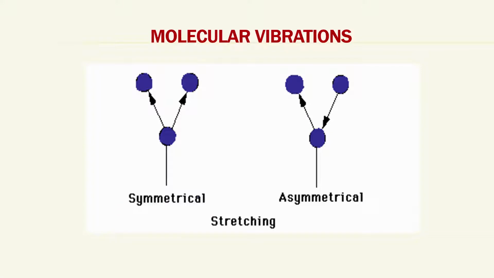Look at this slide now. Here I am representing a ball model. I am also showing you the stretching types. Here I am showing you the stretching vibration. Here is my central ball, you can imagine this is CH2.